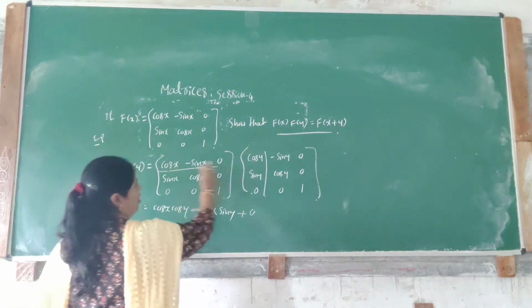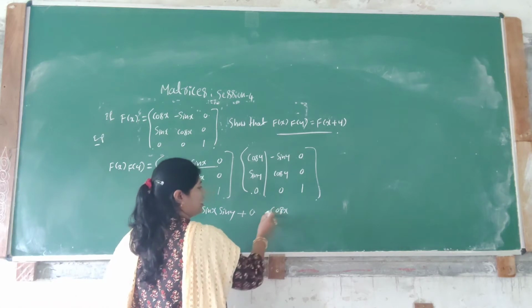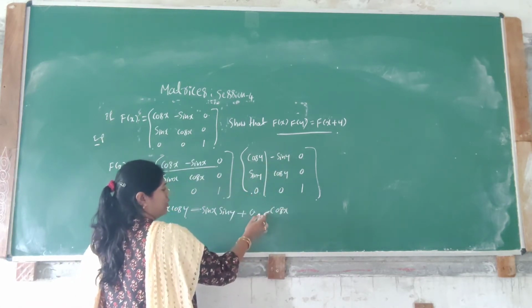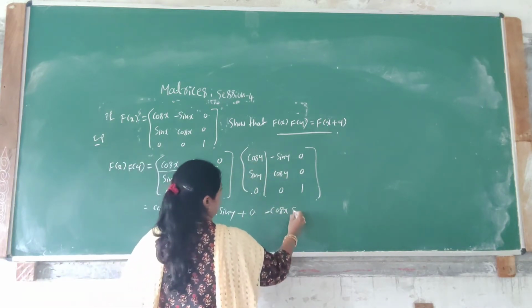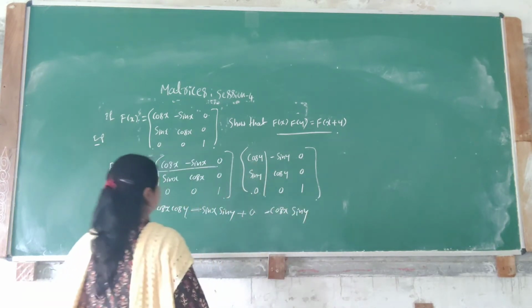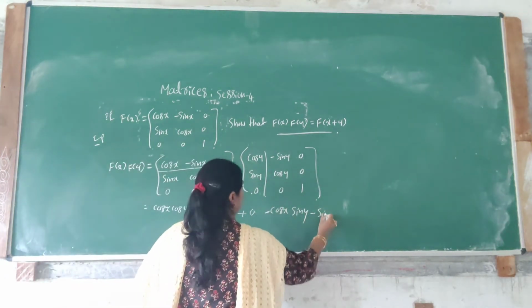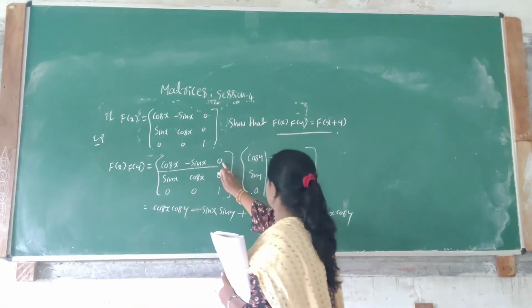Next, cos x into minus sin y. We have to write the minus sign here: minus cos x sin y, and corresponding minus sin x cos y.